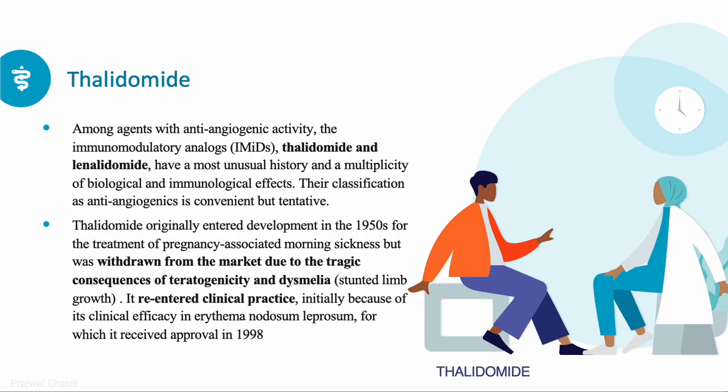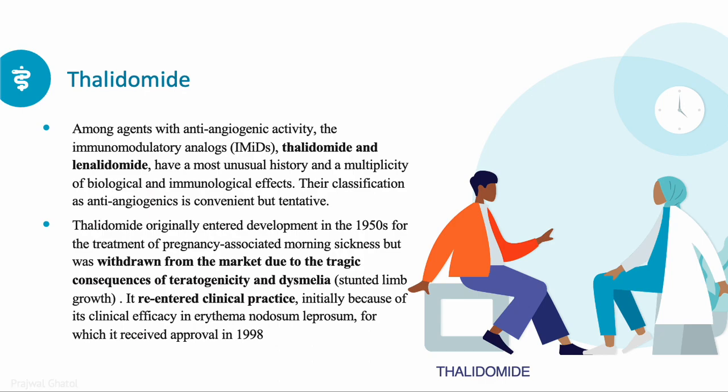The classification as anti-angiogenic is convenient but tentative. Thalidomide originally entered development in the 1950s for the treatment of pregnancy-associated morning sickness, but was withdrawn from the market due to the tragic consequences of teratogenesis and dysmelia.